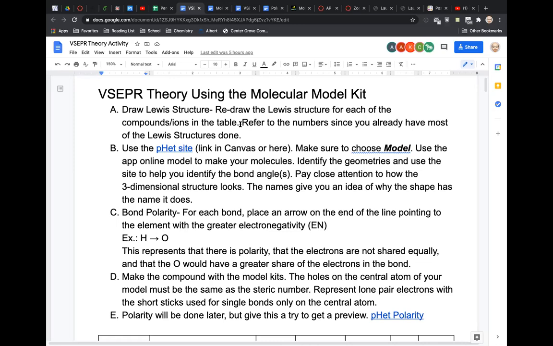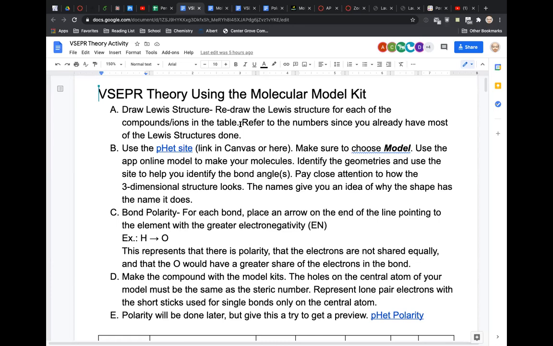And it dawned on me last period that Mr. Milligan had you guys do the Lewis structures for about, I think it was like 24 molecules or something like that in that assignment he gave you last week. Yeah, last week. And then I gave you the Lewis structure 2 document.